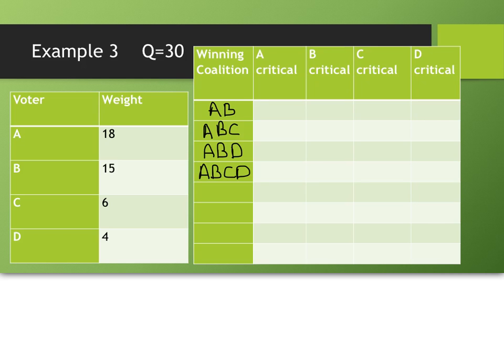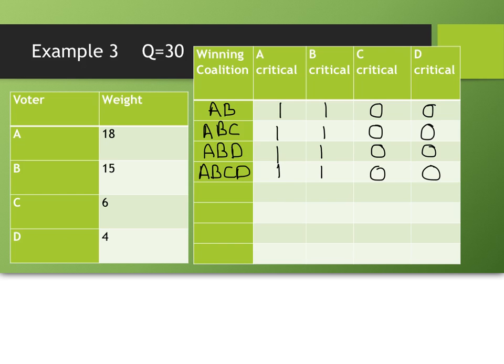And now let's go through and see the critical count on each of these. Obviously, in A, this is critical, this is critical, this is critical, and this is critical. All right? In B, this and this are critical. C is not critical in that, not critical, not critical, not critical. D is not critical, not critical, not critical, not critical. All right?